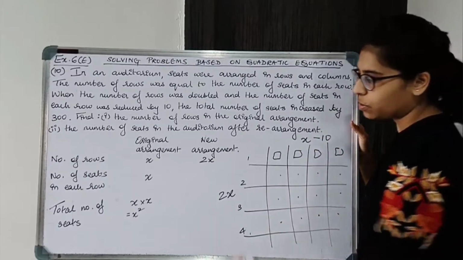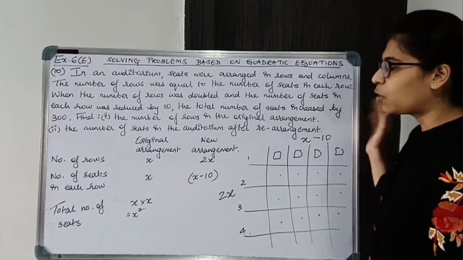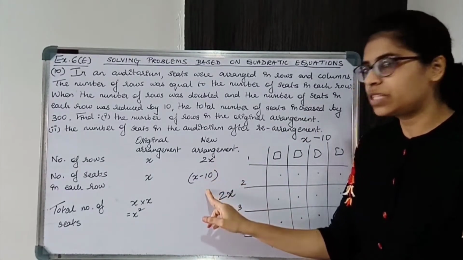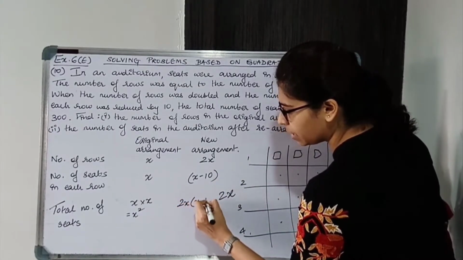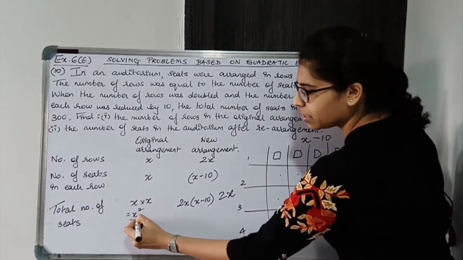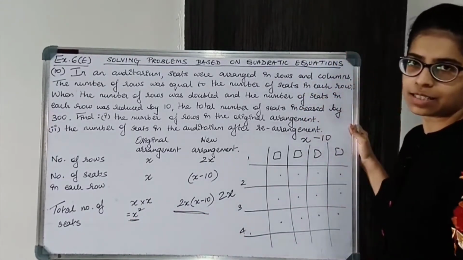So it will become X minus 10. What will be the total number of seats? Number of rows into number of seats in each row. So it will be 2X into X minus 10. So here there are X square seats. Here there are 2X into X minus 10 seats.